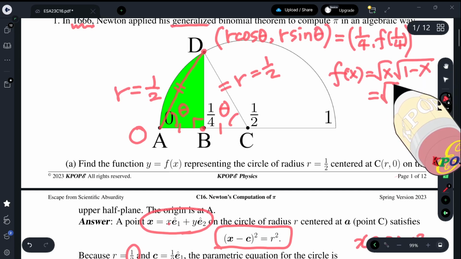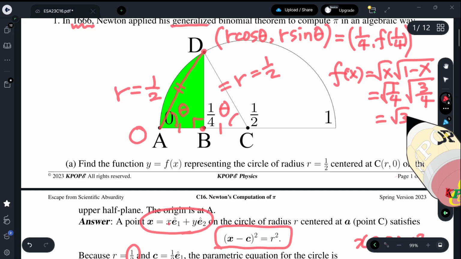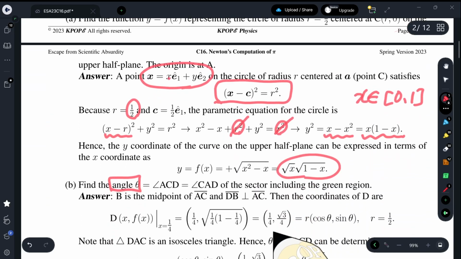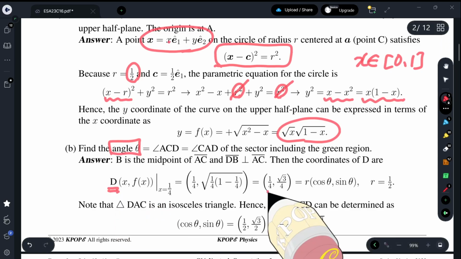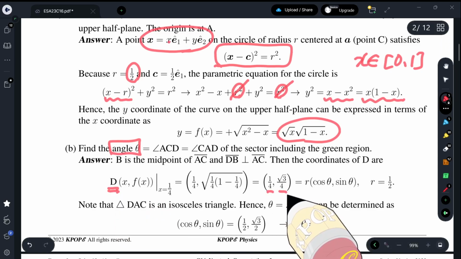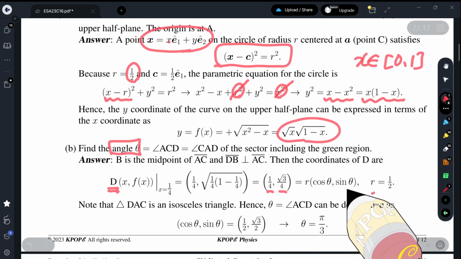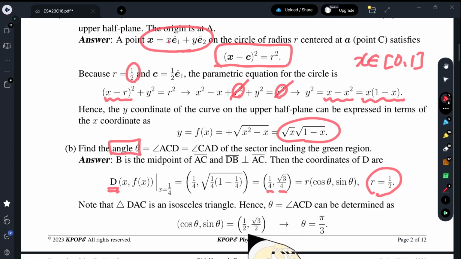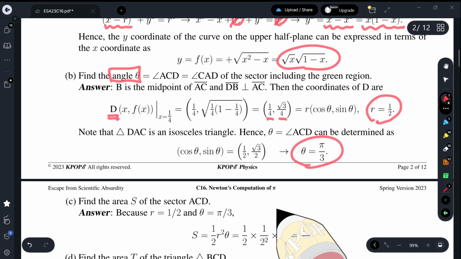So this is the square root of 1/4 times the square root of 3/4, which is the square root of 3 over 4. So the coordinates of D are 1/4 and the square root of 3 over 4, and that is r cosine, r sine. Because r equals 1/2, cosine comma sine is 1/2 and square root of 3 over 2. This is true only for the angle of 60 degrees.